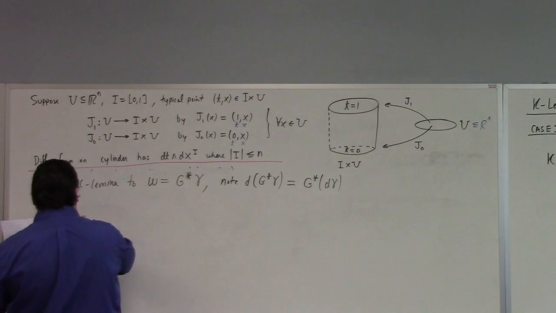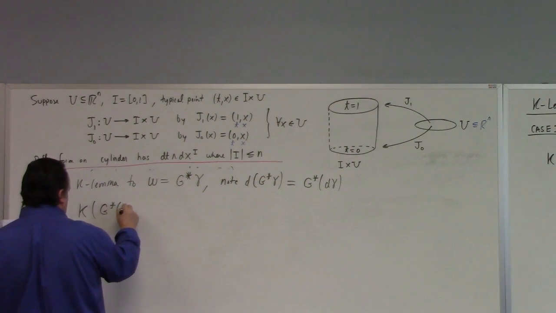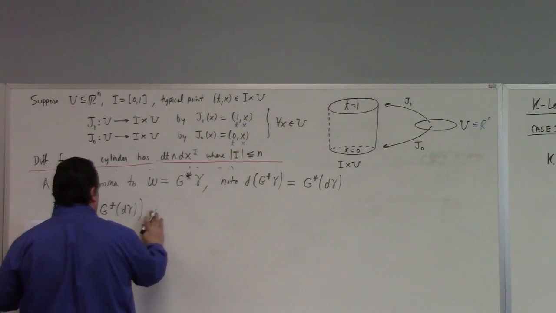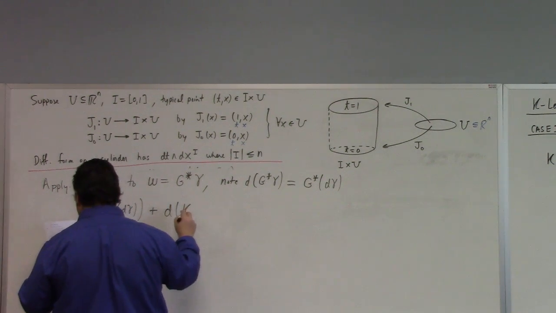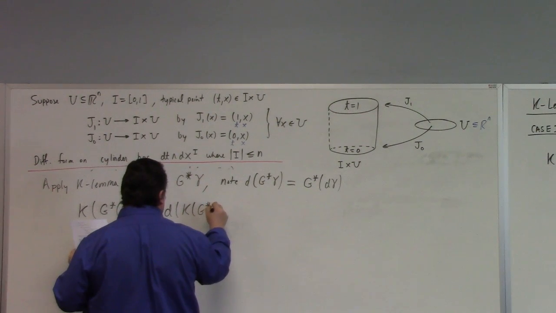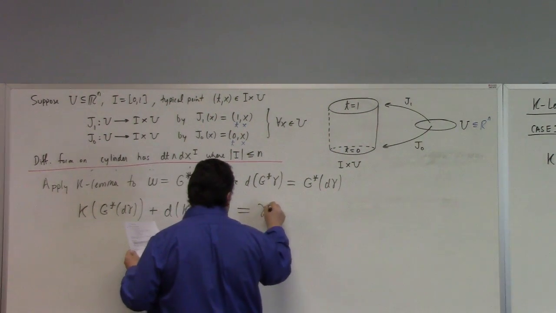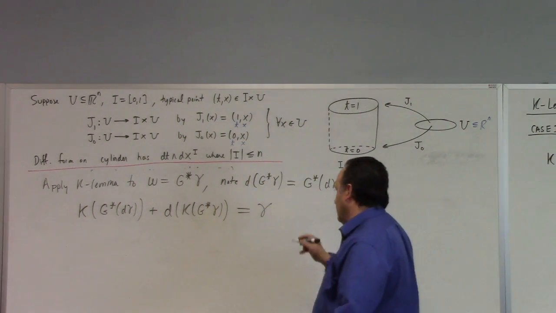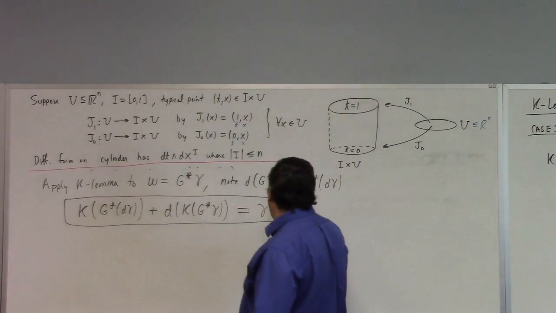And so that gives me that K of G pullback d gamma plus the differential of K acting on G pullback gamma is all equal to gamma. All right, this is very, very nice.